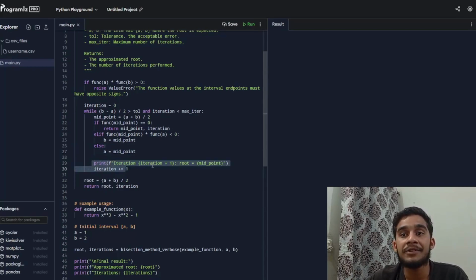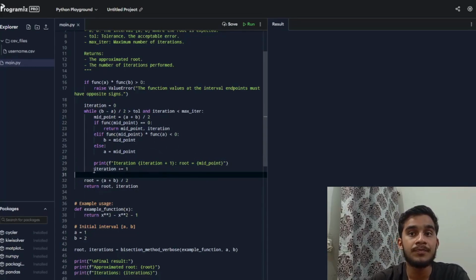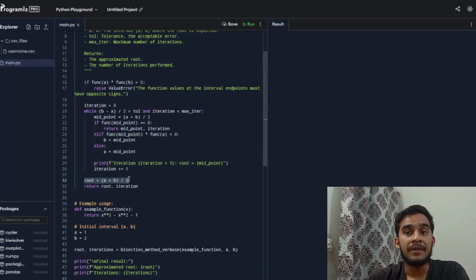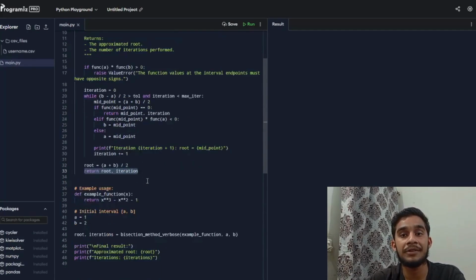Then iteration plus 1, that means it increments the value of 0 plus 1, and root is equal to midpoint. The midpoint should be the root. Every time it iterates, root is equal to (a plus b) divided by 2, and the method returns root and iteration.